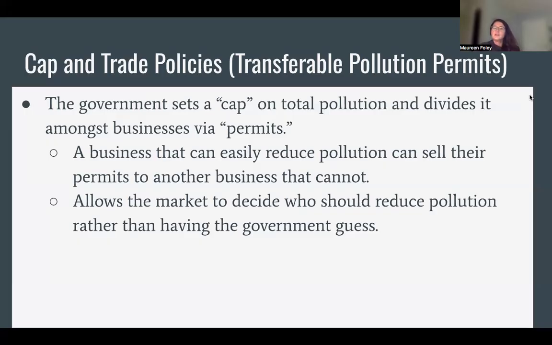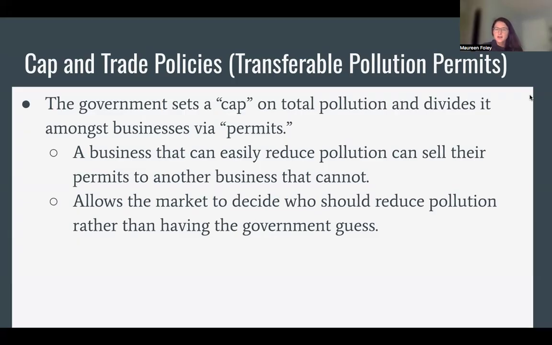The point with this is that a business could either just go about their business as normal and pollute at or below the level that their permit allows them to, or they could reduce their pollution and then sell their extra permits to another business that doesn't want to or can't reduce their amount of pollution.